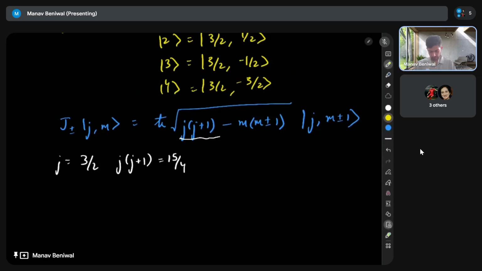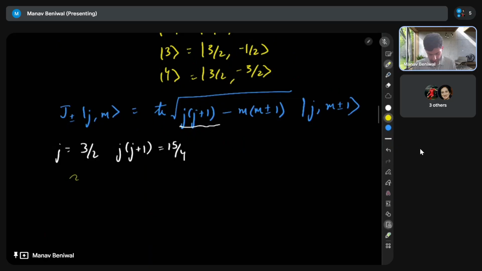Let's do the plus states first, the raising operator ones. When I do J plus on the state 3 by 2, 3 by 2, what will I get?